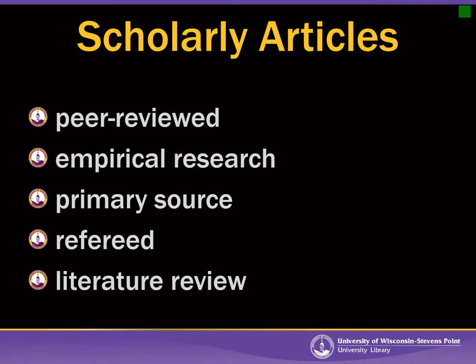And remember, there is a filter in Search at UW for peer-reviewed articles. Scholarly articles sometimes also are called empirical research. Sometimes they're called primary sources, refereed, and sometimes literature reviews are even considered scholarly. There probably are other names I'm forgetting. And with all those names, it's no wonder that scholarly articles are confusing.